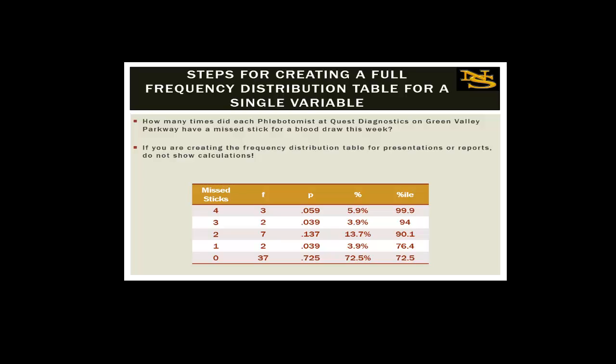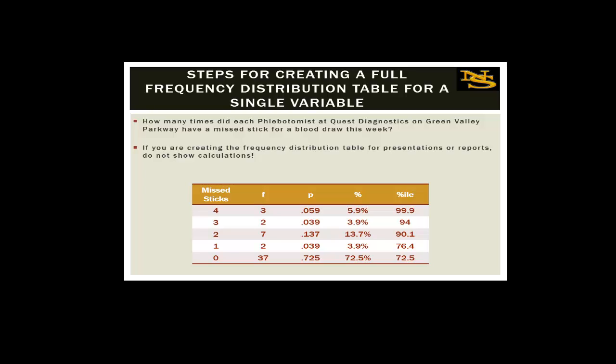And then you can look at the proportions or probabilities, percentages, and then the percentiles. If you think about percentile, remember percentile represents the percentage that have a score that's less than or equal to a particular score. It makes sense that once you start moving up to higher scores, it's increasing.